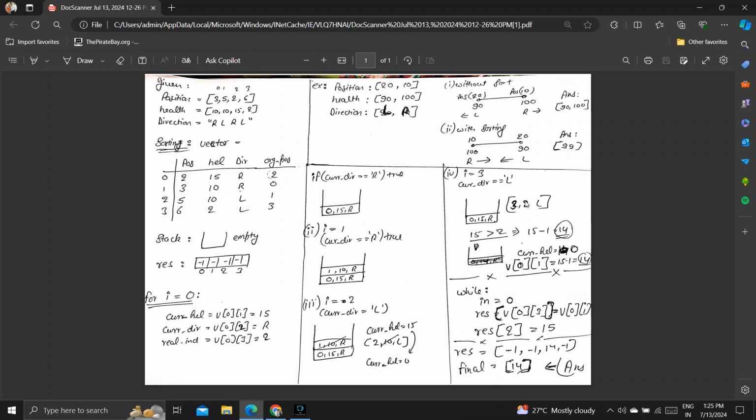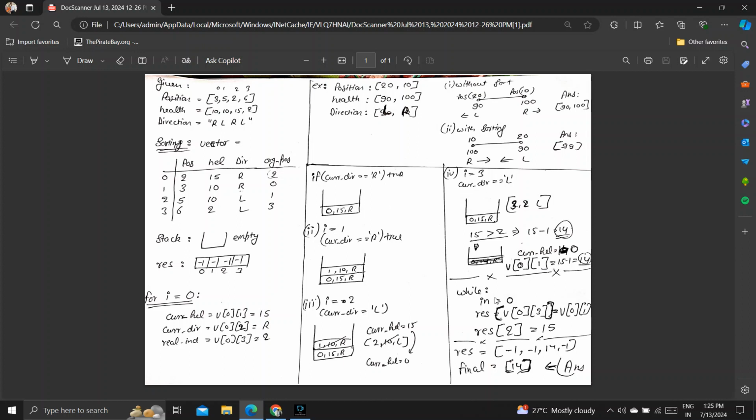So we will mark the current health with 0, because this is smaller, this will die for sure, and this will be decremented by 1. So our new stack value becomes 14. All right, hope you have got it right. And we will mark the resultant value, sorry, the vector 0 and 1 value with 14.